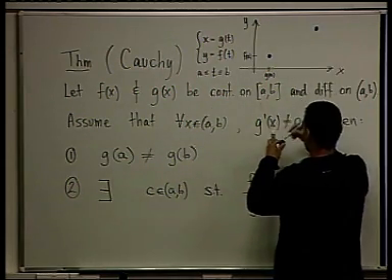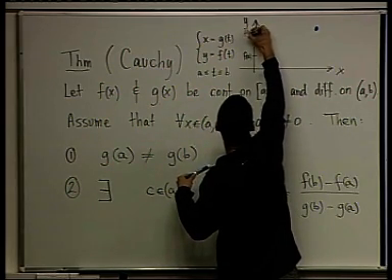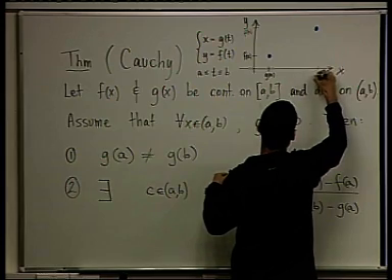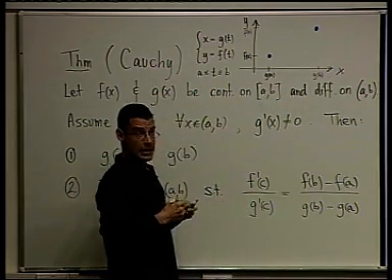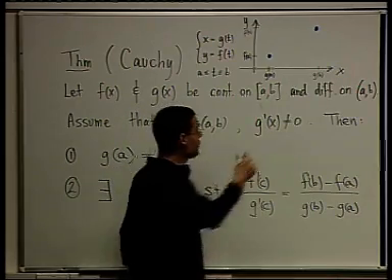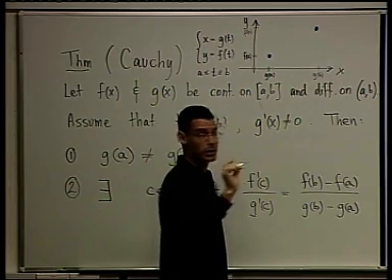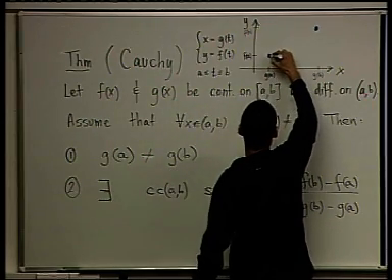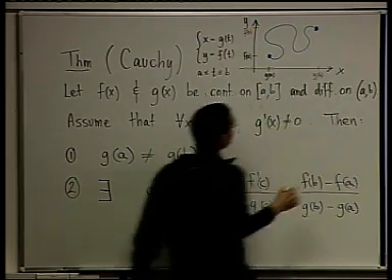So this point is going to be the point where the y value is f of b, and the x value is g of b. And the curve itself is just going to somehow, remember, it's not a function anymore. So the curve itself is going to be something like this, maybe.